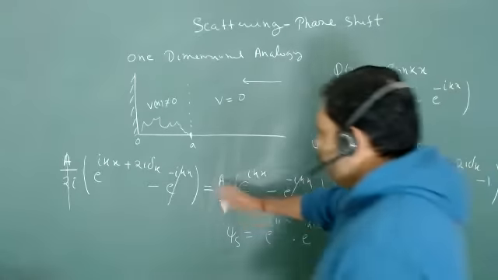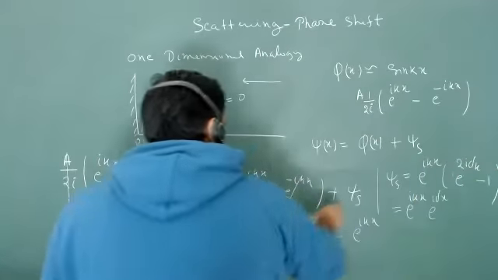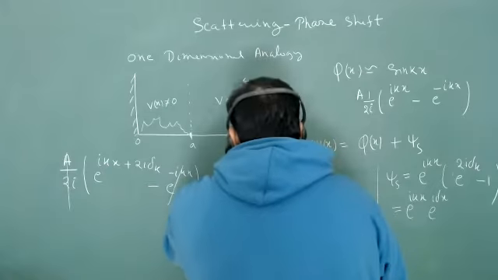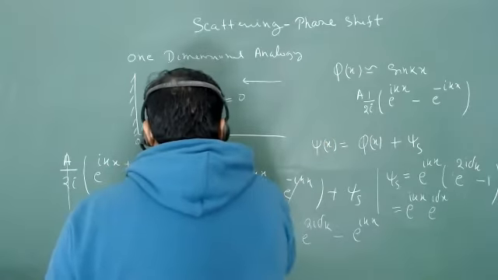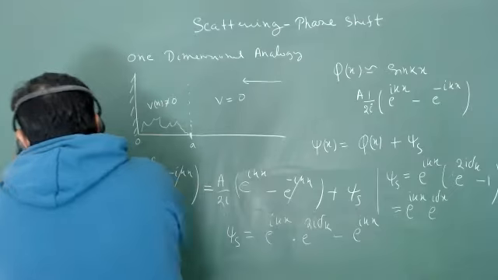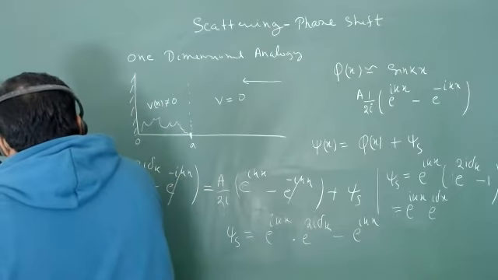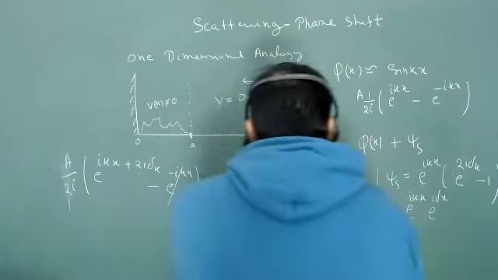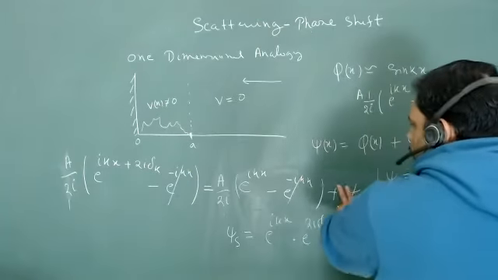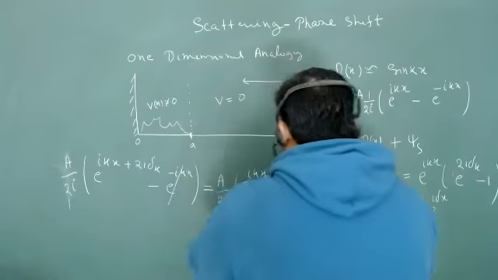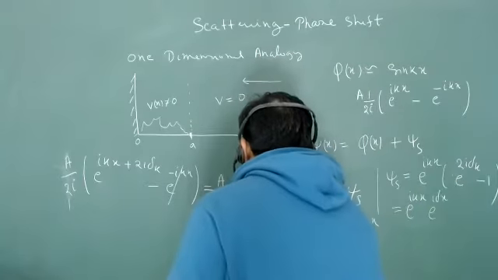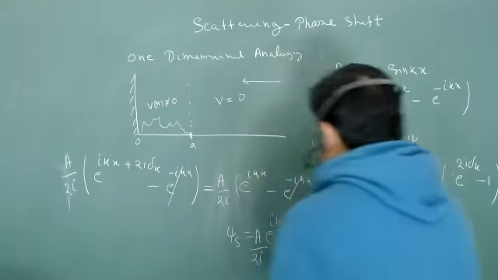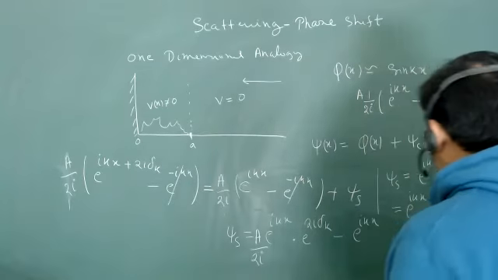Sorry, 2i will not cancel out, because this is psi x. So A upon 2i will be there, because there is no 2 upon 2i. So this will remain.